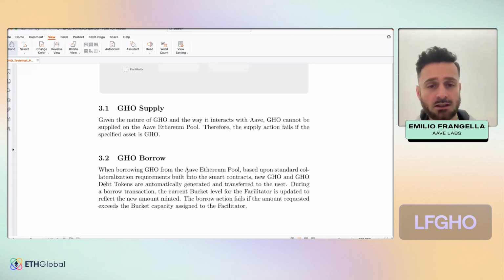For example, we at Aave Labs are currently working on a possible implementation of cross-chain Go, which will use CCIP from Chainlink. This will allow the Aave governance to bring Go across a variety of networks, all the networks where Aave is deployed and CCIP is supported.